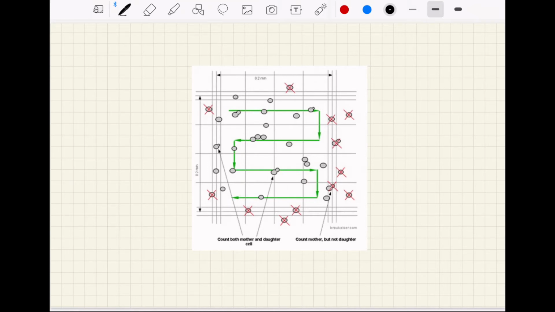In this image, in case you can't read it clearly, the full length side of this section with the triple outline is labeled as 0.2 millimeters. And as you can see, there are 16 smaller squares inside it.